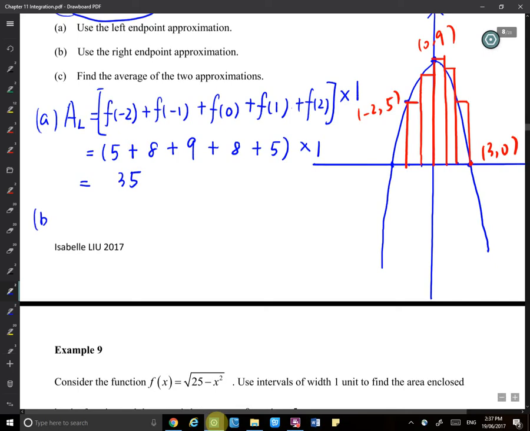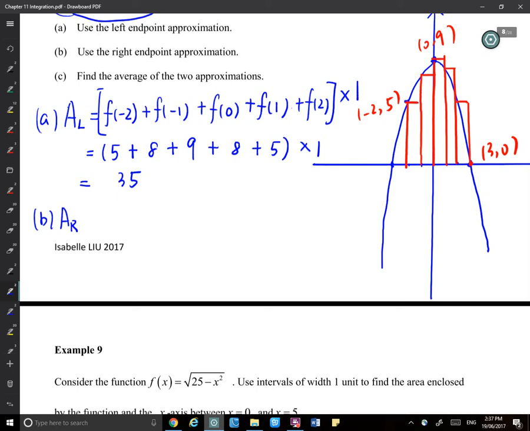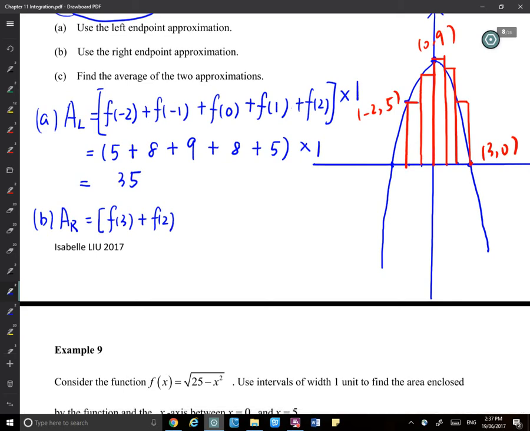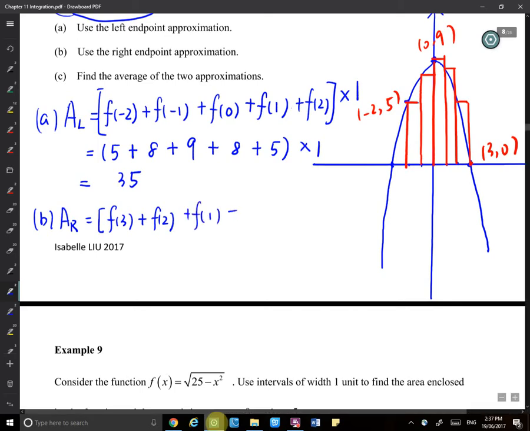Okay, B. If we use the right-hand side approximation, we will start from the right-hand side. We have f(3). Then the width is 1, so the next one will be f(2). If the width is 0.5, the next one will be 2.5, reduced by 0.5. And then the next ones are f(1), f(0), and f(-1).